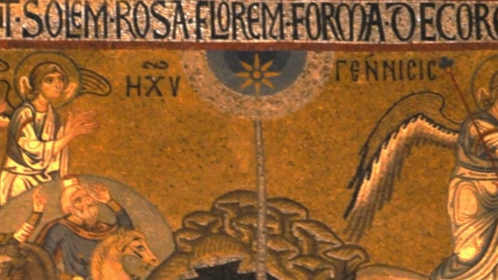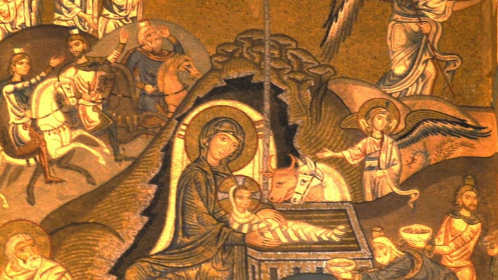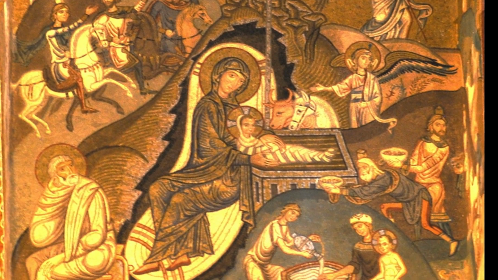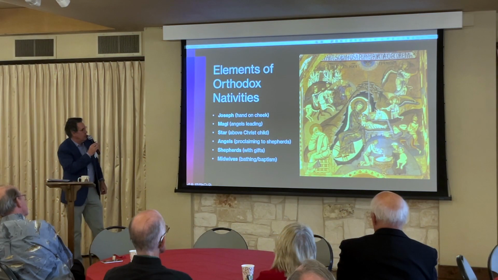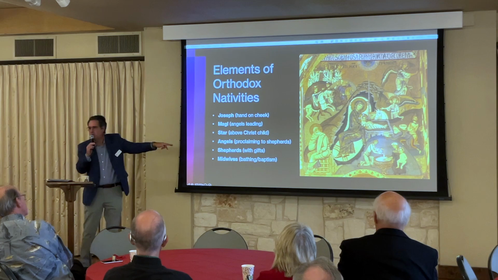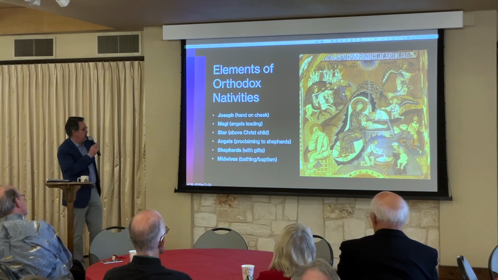Notice the star above, going down, pointing right onto Jesus here, and we'll see different variations of that in a minute. It's interesting that the shepherds are the ones with the gifts, not the three wise men, which is a little different from the way we tell the story as well.